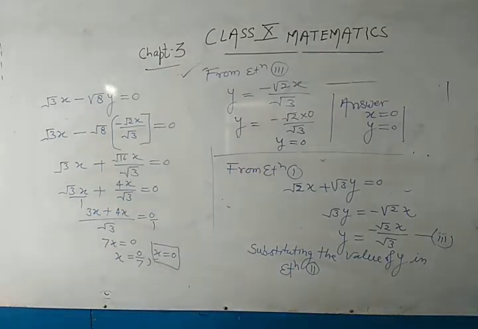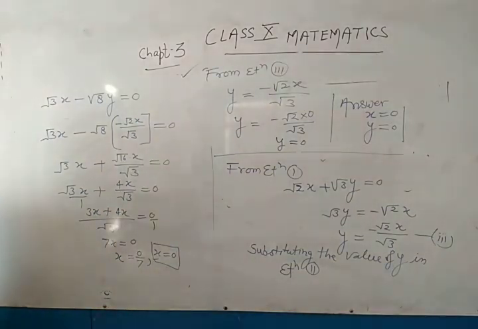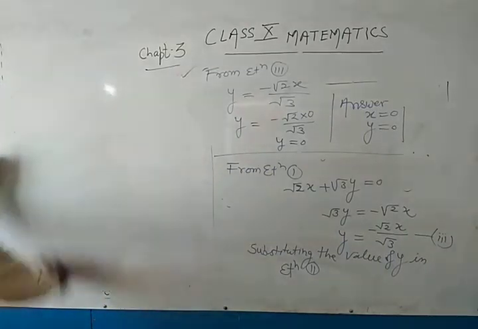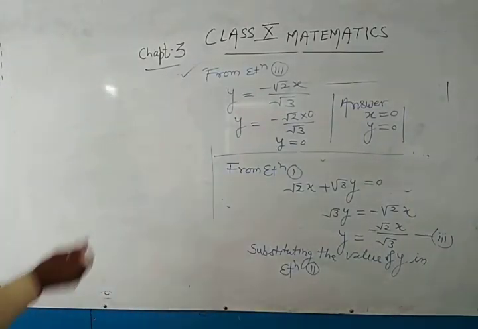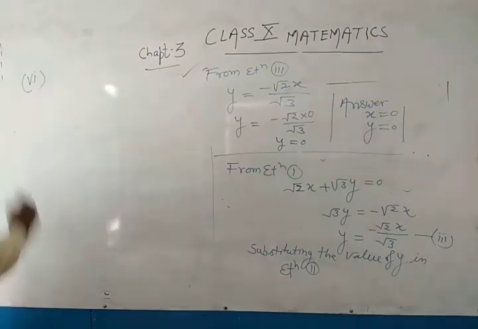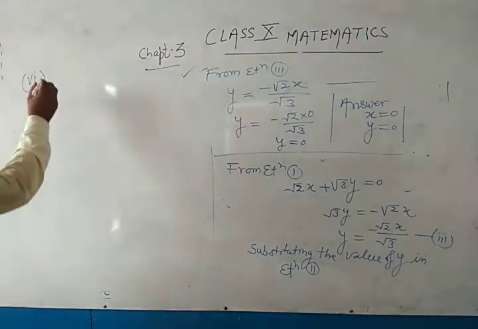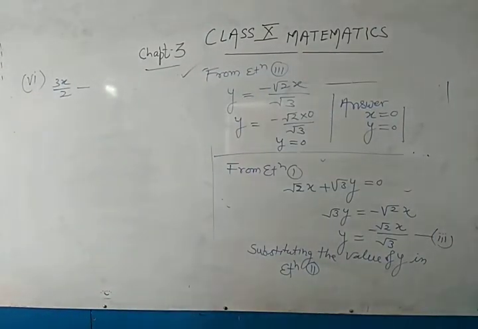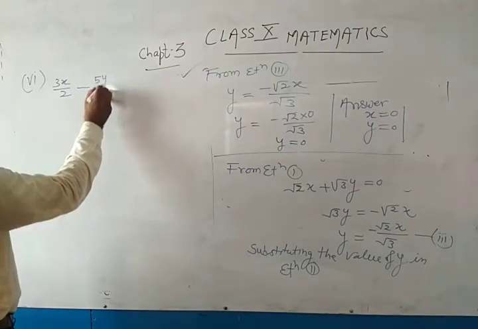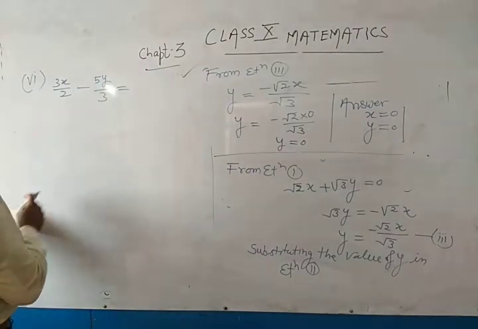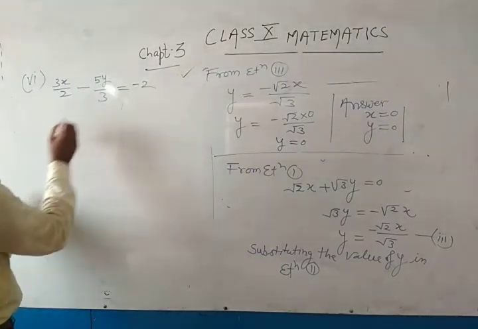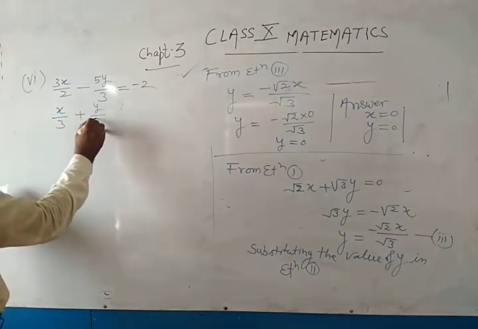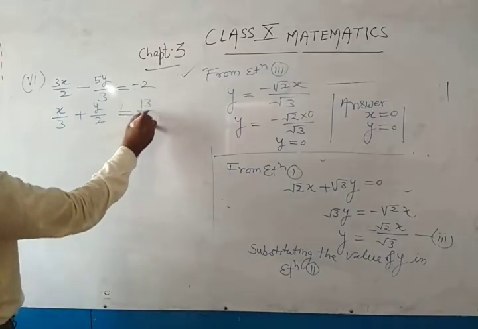Okay, students. Now, the last part of this sum. We have part number 6: 3x upon 2 minus 5y upon 3 is equal to minus 2, and the second equation is x upon 3 plus y upon 2 is equal to 13 upon 6.